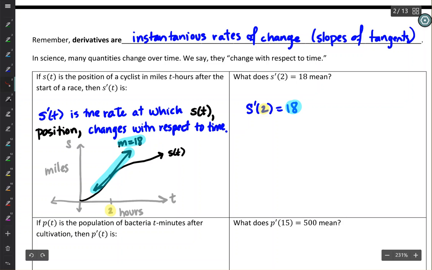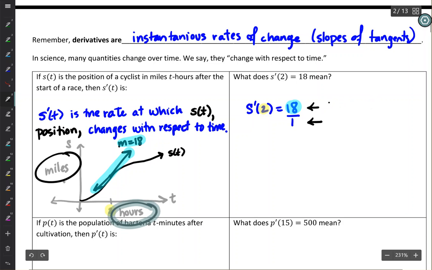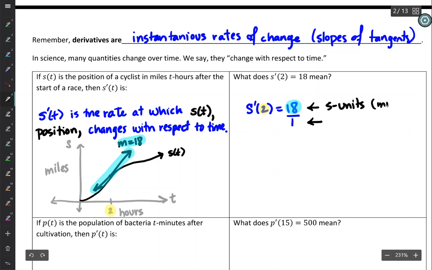Maybe we even want to write 18 as 18 over 1 and see that we've got our time units here, hours. Oops, Lindsay's dyslexic. Miles per hour. S units, which are miles in this case, and t units, which are hours in this case.